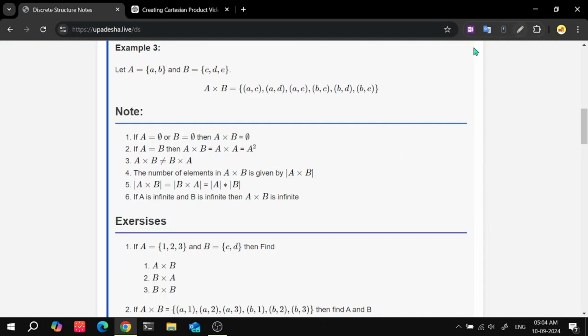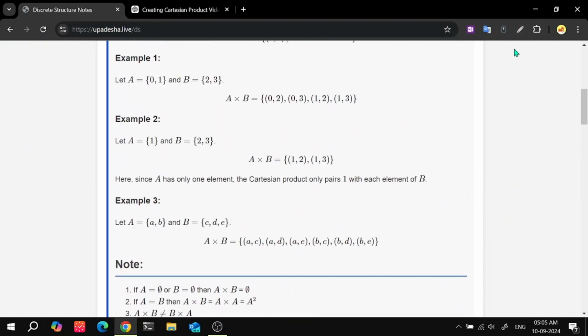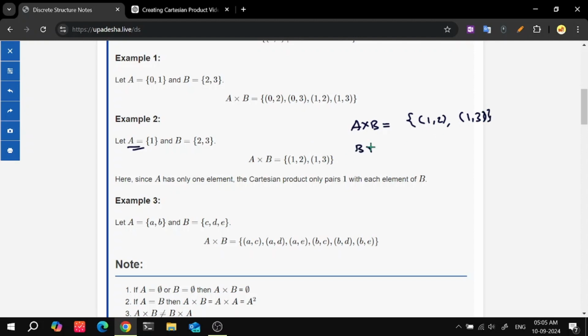let's take this example. A cross B is equal to, we had (1, 2) and (1, 3). I think there is no doubt in this. Let's try writing B cross A. This is {2, 3} cross {1}.